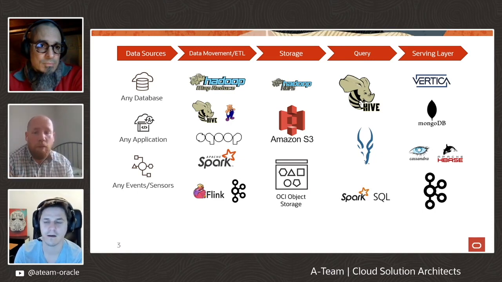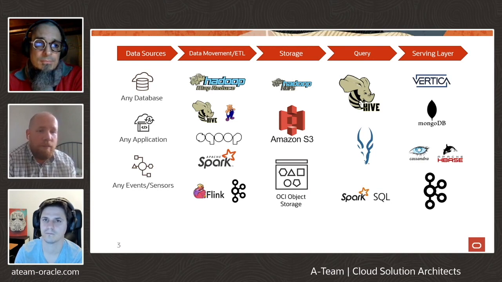We'd be remiss not to mention something like Golden Gate, right? Golden Gate is a great technology that most of our listeners will understand is a very famous Oracle piece that has big data connectors, and one of the most important ones that really fits with the Golden Gate paradigm is Kafka.